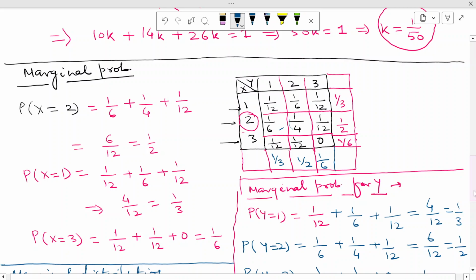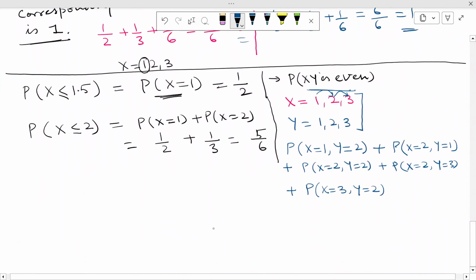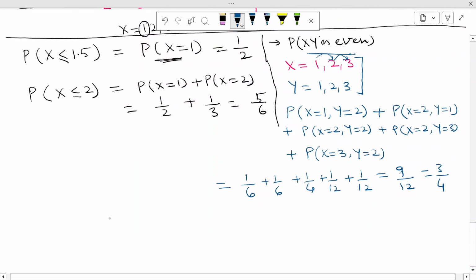So we have all such probabilities in this table, and we put these values here: 1 by 6, 1 by 6 plus 1 by 4 plus 1 by 12 plus 1 by 12. This comes out as 9 by 12, or 3 by 4. So this is how we can obtain the probability for a given condition.